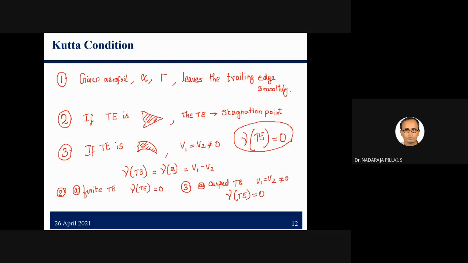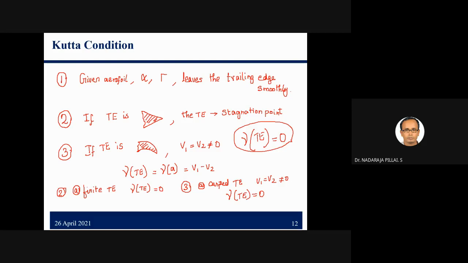So anyone should be able to state the Kutta condition. For a given airfoil at a given angle of attack, the value of circulation around the airfoil is such that the flow leaves the trailing edge smoothly. Second point, if the trailing edge is finite, then the trailing edge is the stagnation point. Third one, if the trailing edge is cusp, then V1 is equal to V2, but not equal to 0.